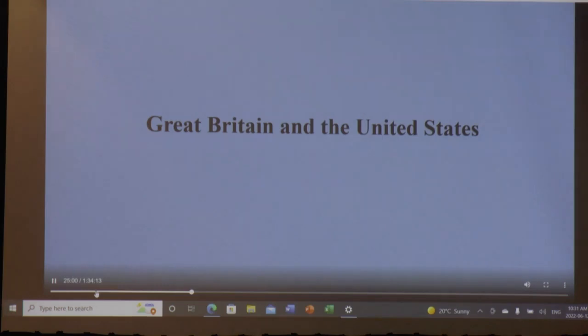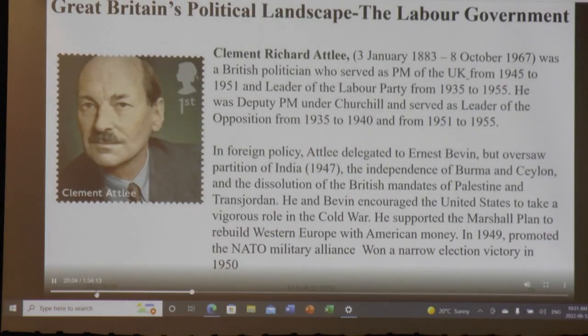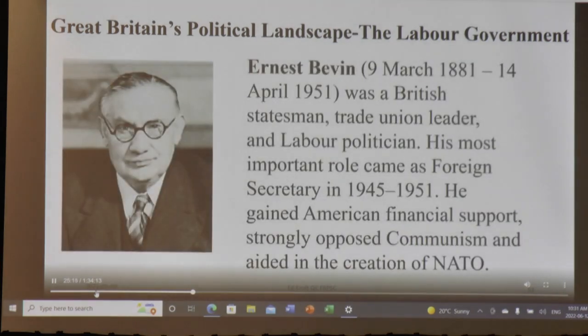Now, what about the situation in Great Britain and the United States at that time? Well, the leader in Great Britain succeeding Churchill was Clement Attlee, who led the Labour Party. And he and his sidekick, Ernest Bevin, who was a statesman, trade union leader, and Labour politician, together with Bevin as foreign secretary, were not in favor of the creation of a Jewish state.